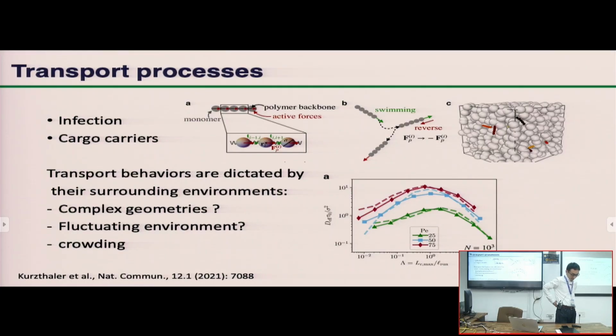People have done those in terms of simulations. That's just the glass system. But that's the interesting part. If you add activity, we talked about one example before where we have a passive gel, and you embed a few active guys.